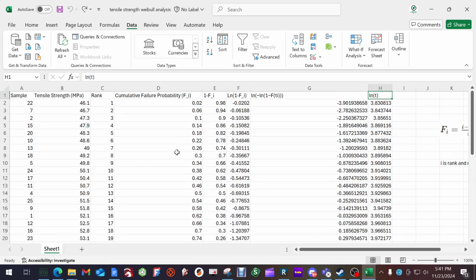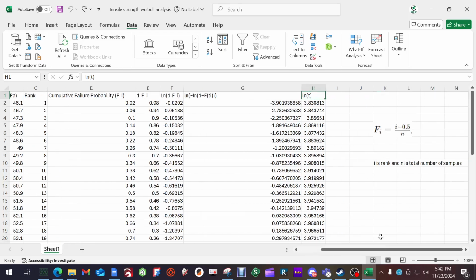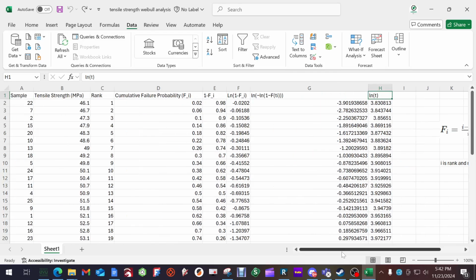Now, since I'm using more than 10 data points, I'm using the standard failure method right here. It's pretty straightforward and pretty accurate. You can see the formula up here in Excel if you want to pause the video. So what this is telling me is, if I'm making a hook that holds a coat, and it can handle 46.1 megapascals, I'm only going to have 2% of all my product fail.